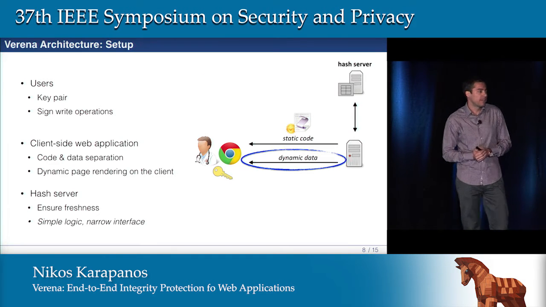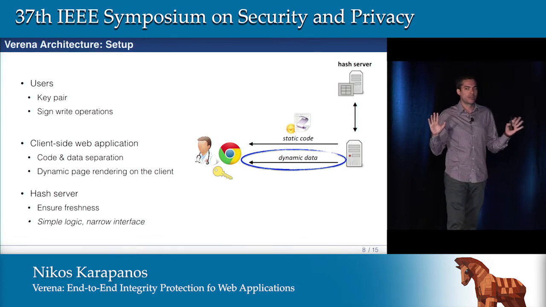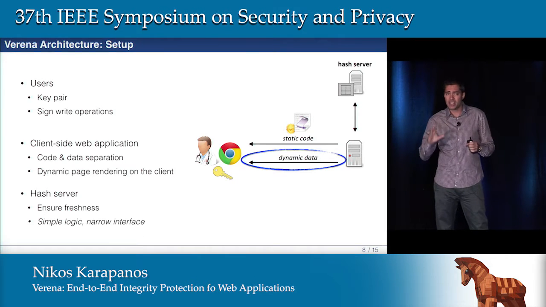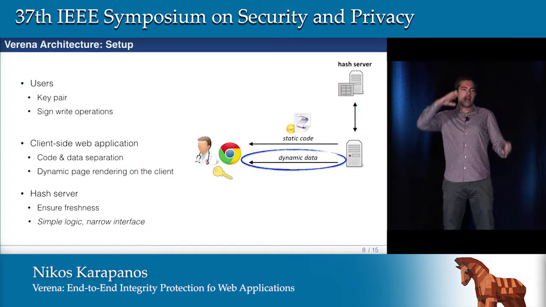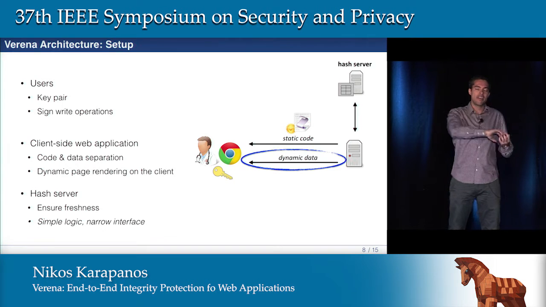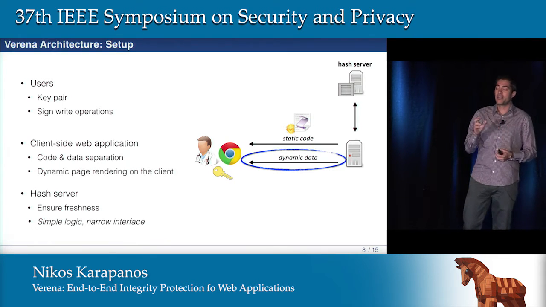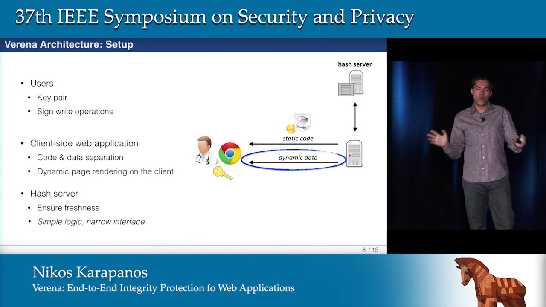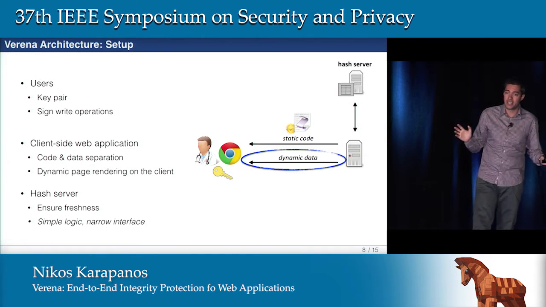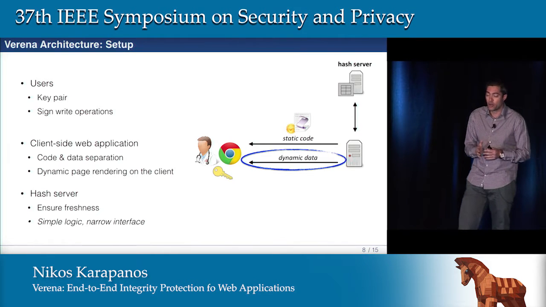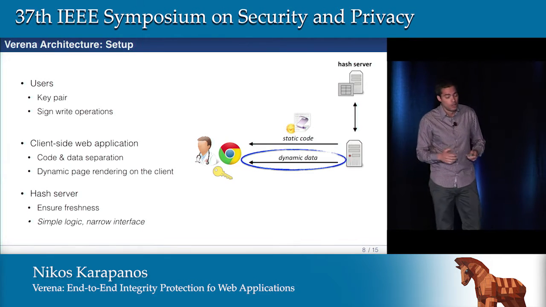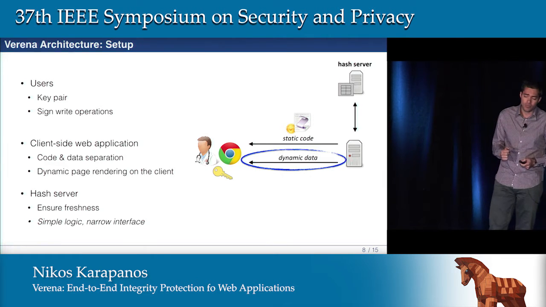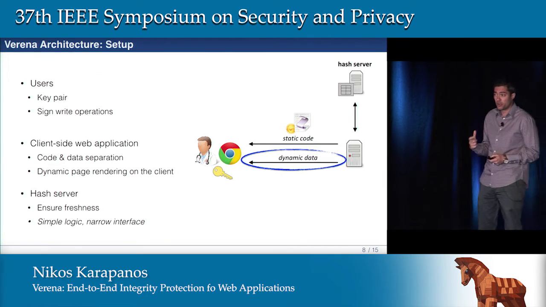Another important thing, as I told you, is that we need to ensure that whatever we get is fresh. But it has been shown already that if the server is compromised and the clients don't have any means of communicating with each other outside the server, through another channel, then there is no way to have freshness, and the server can always perform fork attacks. So in order to solve this, we do need an extra component in our system that will help us ensure freshness.